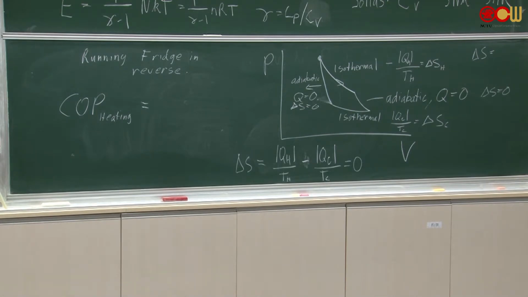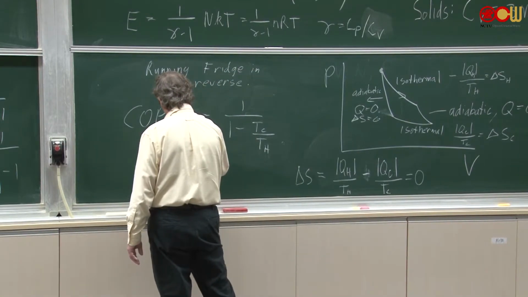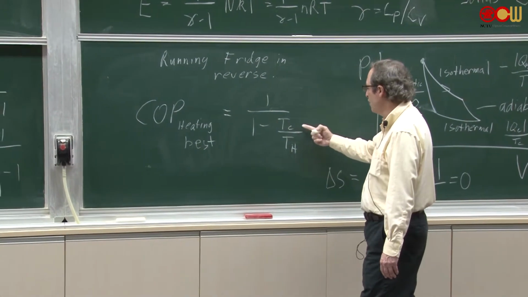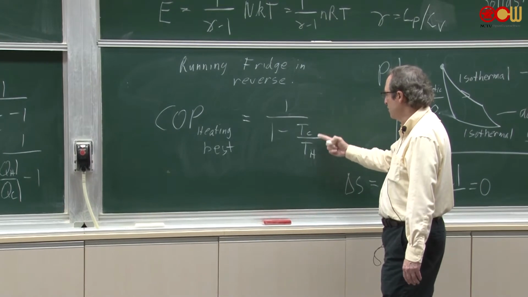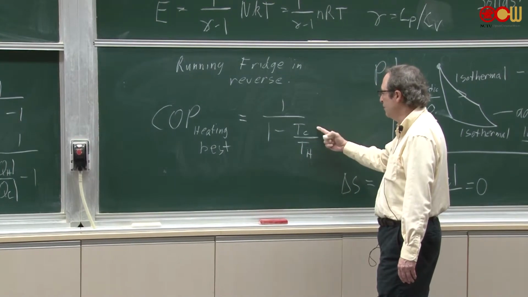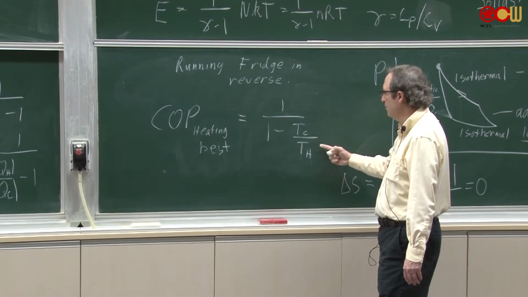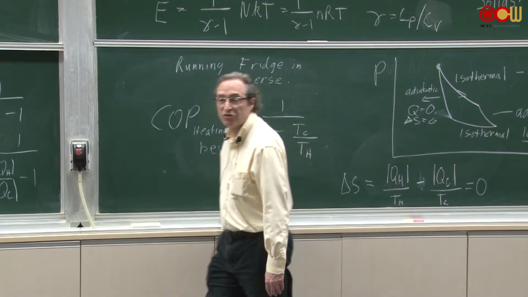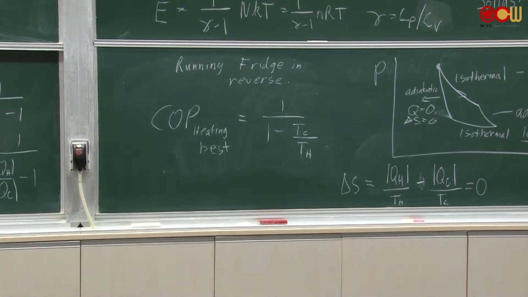So if you run it the other way for heating, you can just work out the analysis. It's the same idea. You get 1 over 1 minus TC over TH. So this is heating, the best you could do. Okay? All right, so you're trying to heat it up. You always get less than that. Again, you can get infinite because if your temperatures are the same, it works very well.